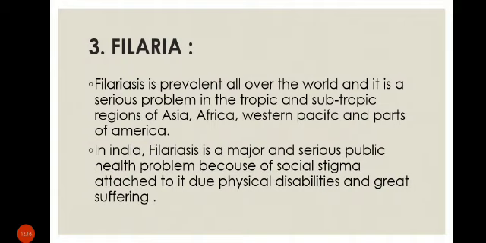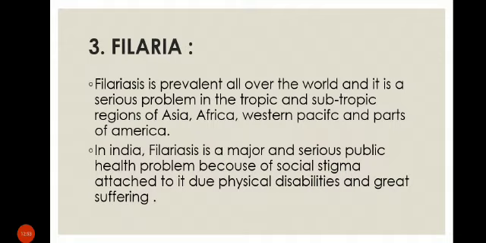The third vector-borne disease is filaria. Filariasis is prevalent all over the world and is a serious problem in the tropic and subtropic regions of Asia, Africa, the Western Pacific, and other parts of America. In India, filariasis is a major and serious public health problem because of the social stigma attached to it, due to physical disabilities and great suffering of the person infected.